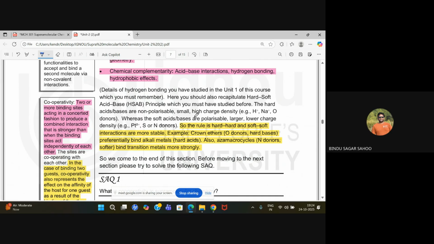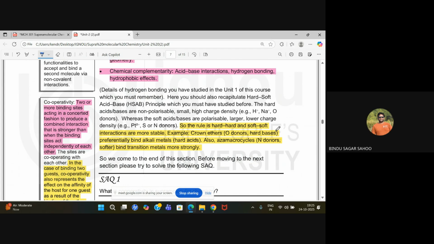That means a hard acid binds with hard bases, and a soft acid binds with soft bases. So particularly in crown ether, the oxygen donor atoms stabilize the metal cations. Specifically, oxygens are the hard bases.